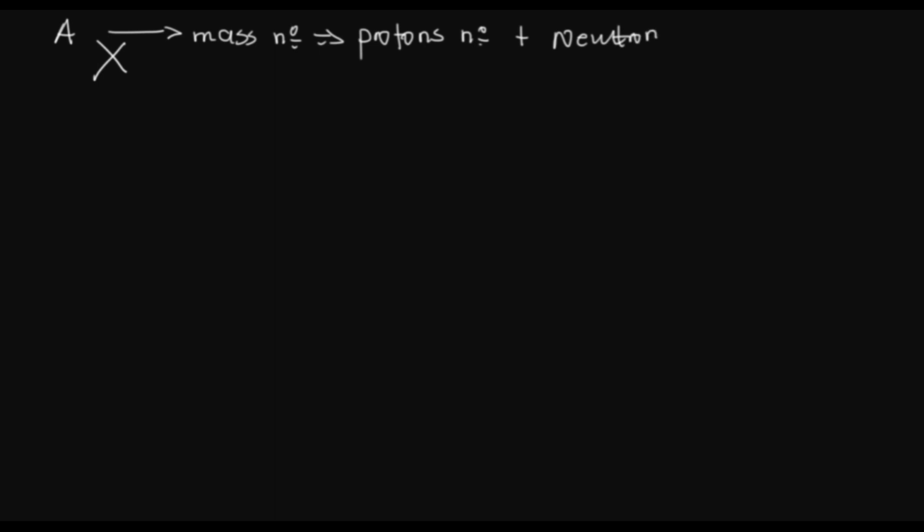So if you add the protons number and the neutrons number, you get the mass number. Now the number below here is known as the atomic number. The atomic number represents the number of protons and the number of electrons before a reaction has occurred.